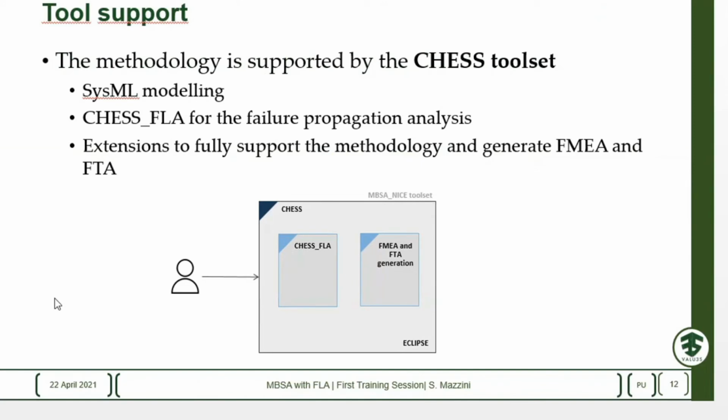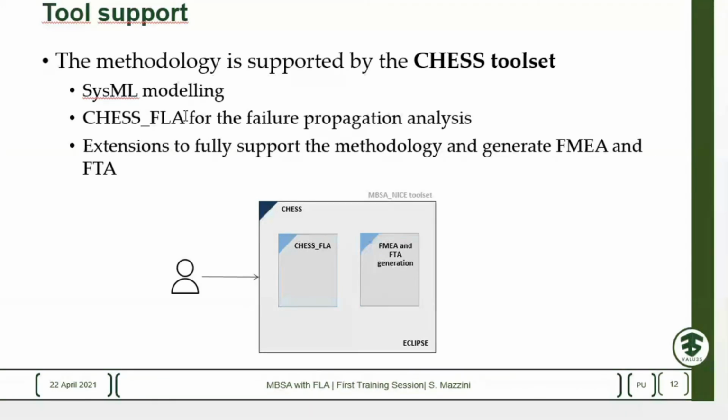So this methodology is supported by the CHESS toolset. In particular, CHESS supports SysML modeling. There is a plugin that has been already developed in past projects like CHESS and the CONCERTO projects, and it was also slightly modified in the AMASS process that was mentioned by José Luis.